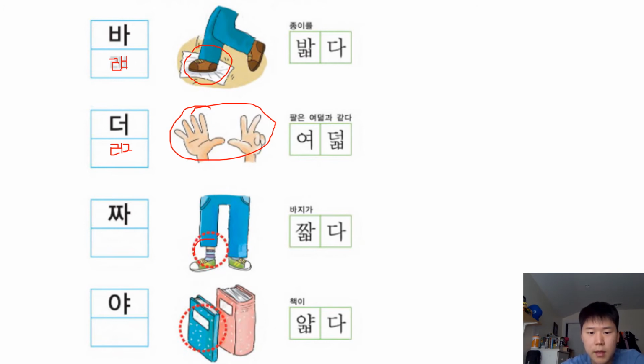You see this pants is not coming all the way down like this pants. Right? And then this 얇다, which means it's thin. Look over here, there's a book that is very thick, right? And then there's a book that is very thin. So let's try writing this.